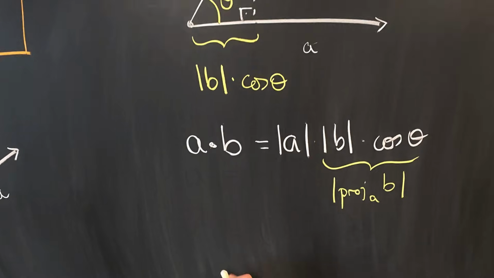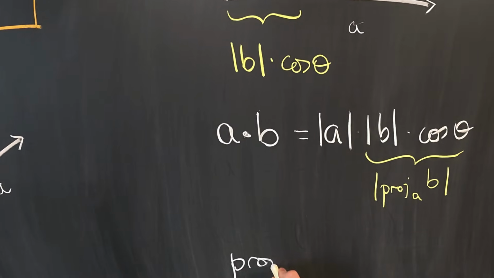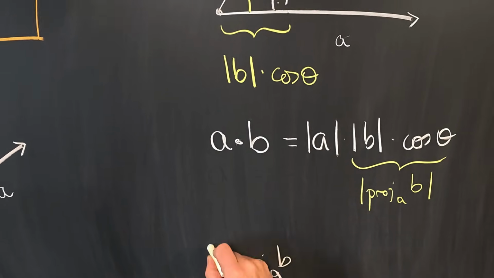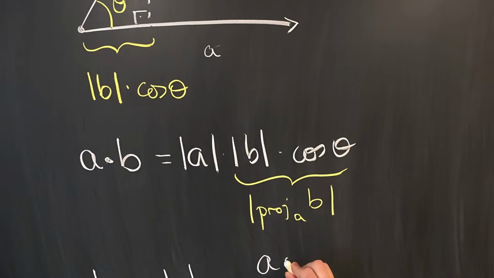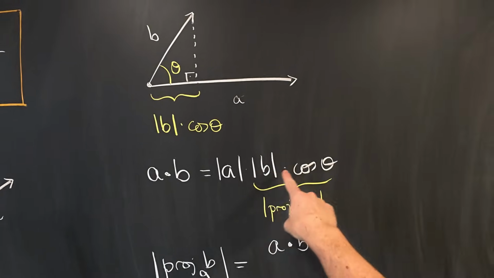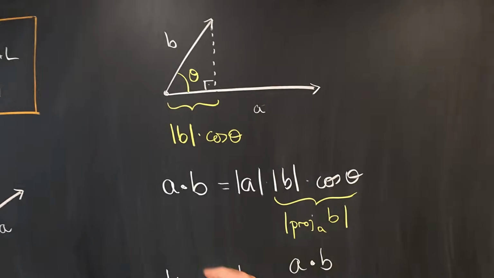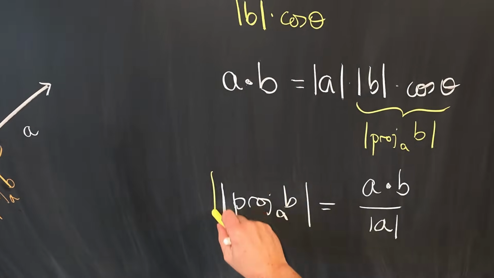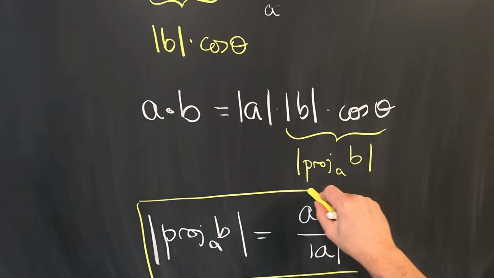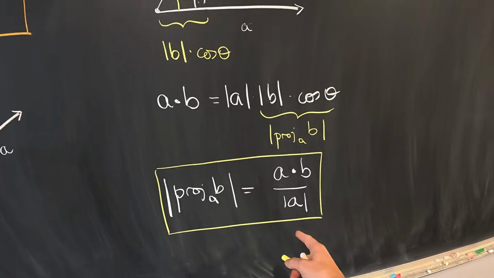So I can solve for that and get that the projection of B onto A has length precisely given by the dot product divided by the length of A. So here's my first formula, a formula for the length of the projection.